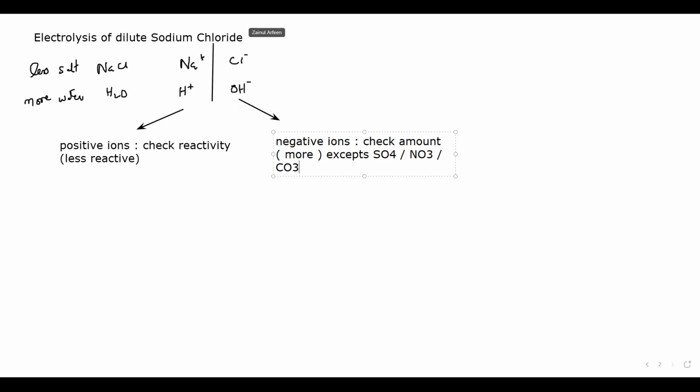Now, we have electrolytic cell, which consists of electrodes made up of either platinum or graphite.